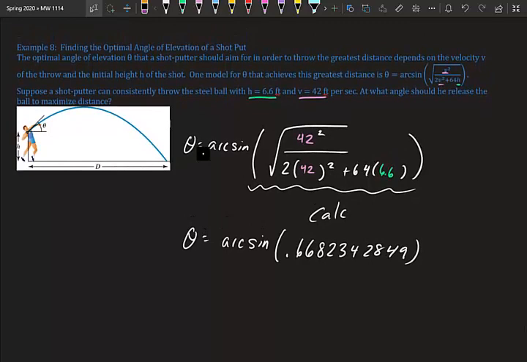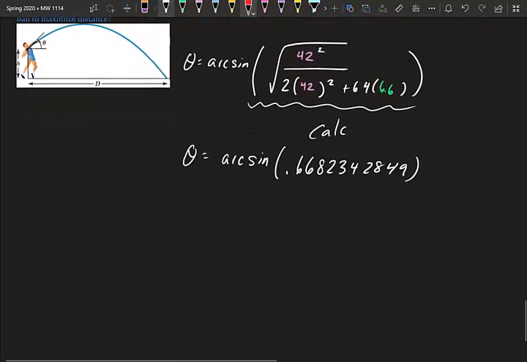Why do I know I'm in degree mode? Because it says theta. That's all. Theta, remember, implies degrees. So in degree mode, we can solve this by using the inverse. Remember that this just means inverse. So we have theta equals the inverse of sine.